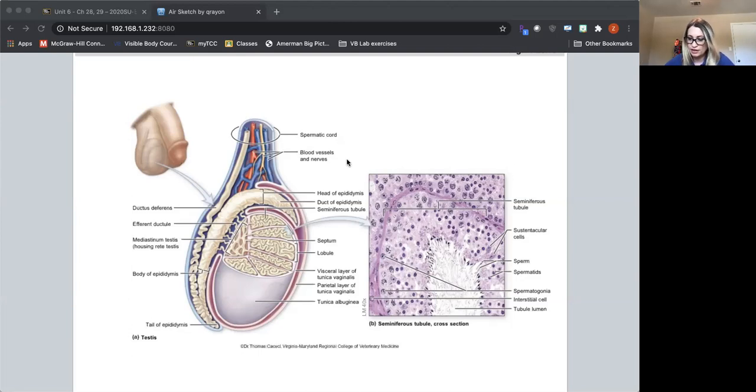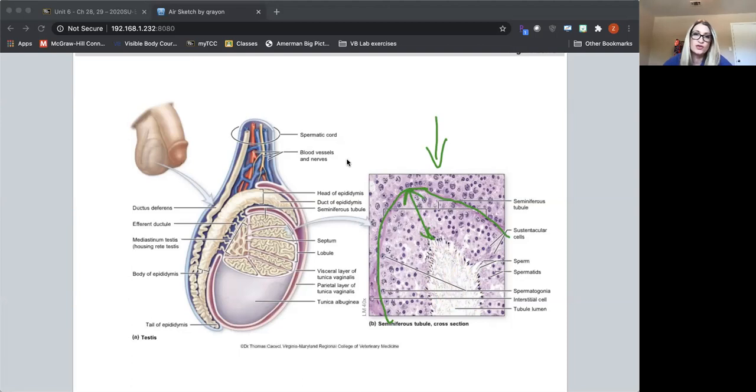Okay. If we're looking at the cross section of the seminiferous tubule, here it is. So this is the border of one tubule, so we don't see the whole tubule there, but most of it. And notice the thickness of the tubule. This to this, and then this in the yellow, that's the lumen of the tubule.